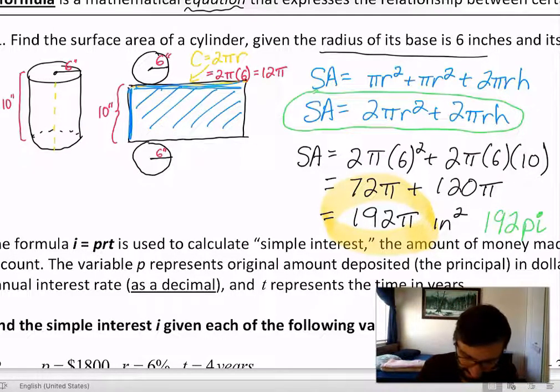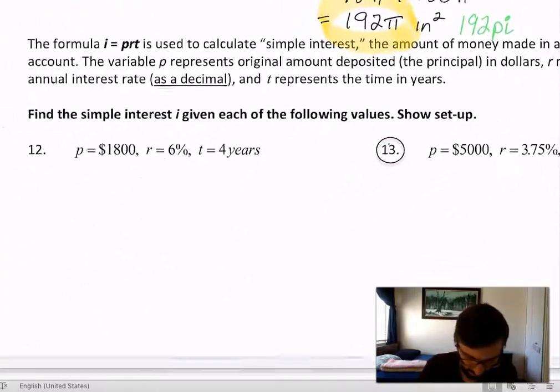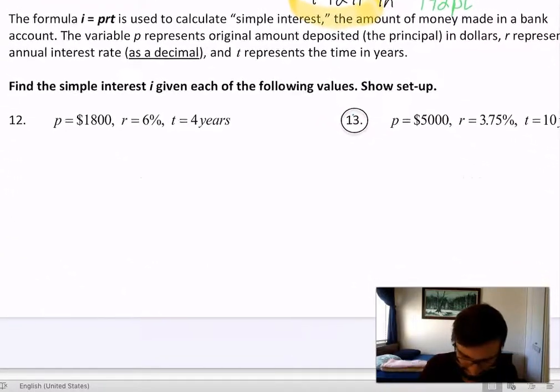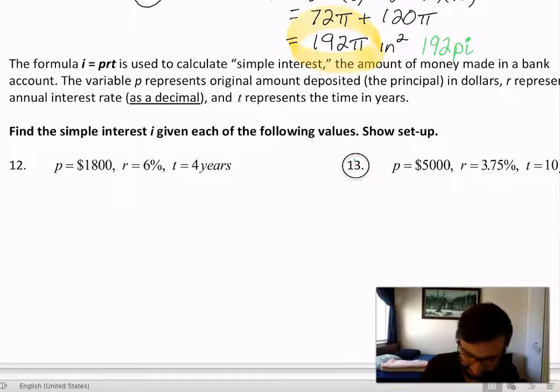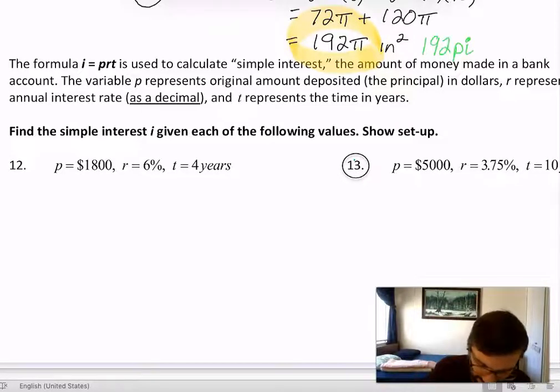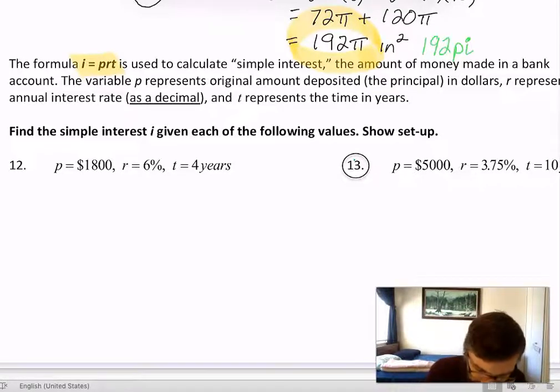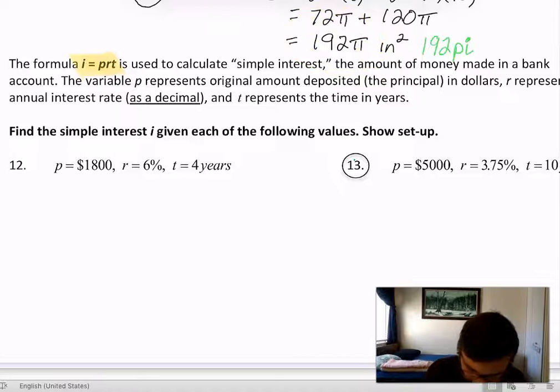And then one last example of a formula in the banking or business sector. We have the formula I equals PRT, used to calculate simple interest, the amount of money made in a bank account.